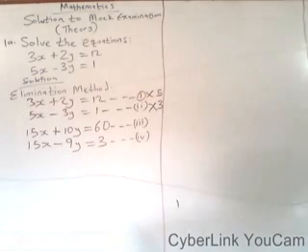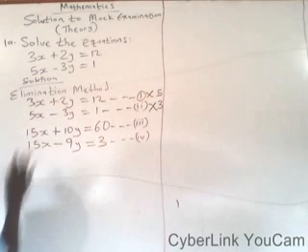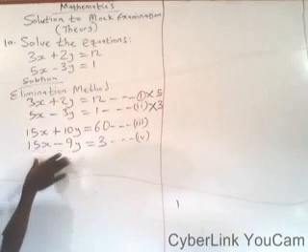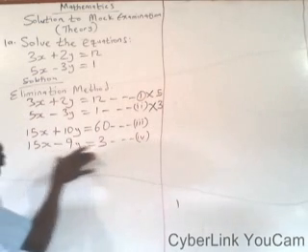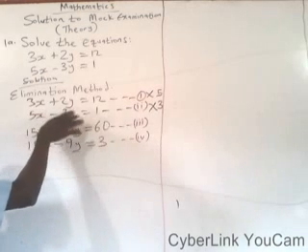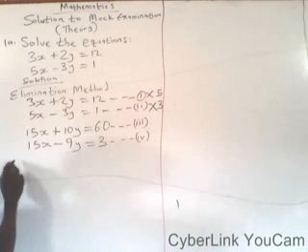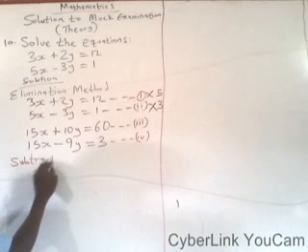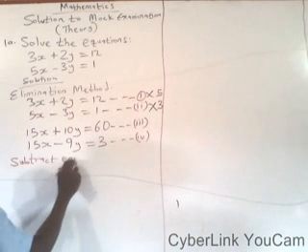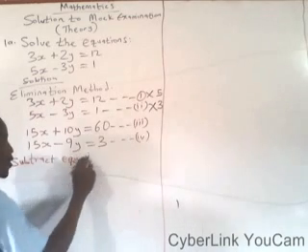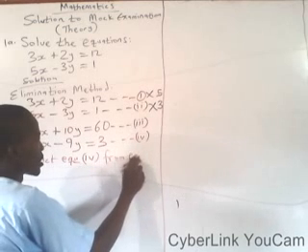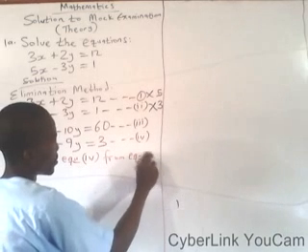Now in that case, I want to eliminate x. I can now decide I want to subtract the whole of equation 4 from the whole of equation 3. Subtract equation 4 from equation 3.